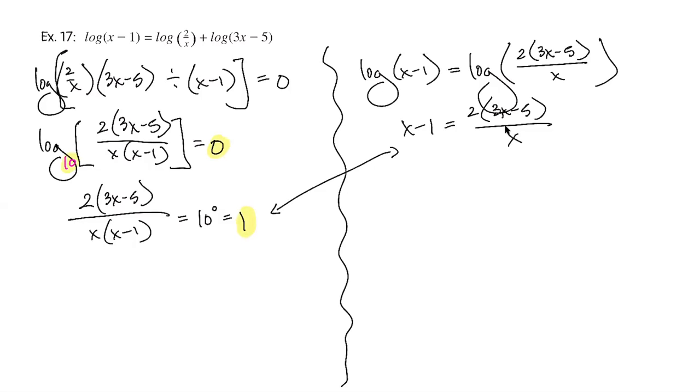The benefit of the other side is you can get rid of the logs and then you don't need to worry about logs anymore, right? So it depends on which one you think is a little bit easier. I think we'll encounter some problems where one is way easier than the other, and then it'll be a good chance to practice thinking ahead, okay?